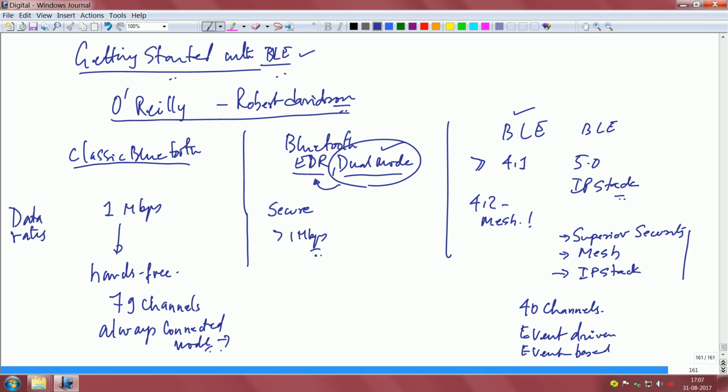Therefore, you can say this was much more power consuming as compared to the event based approach, which is really looking at power as a very important thing.